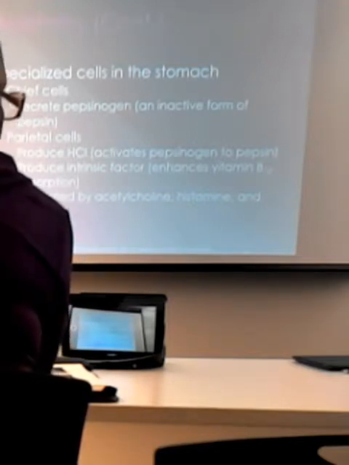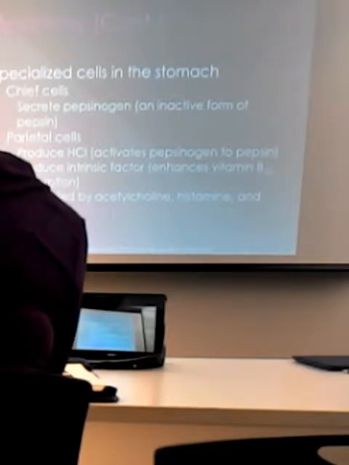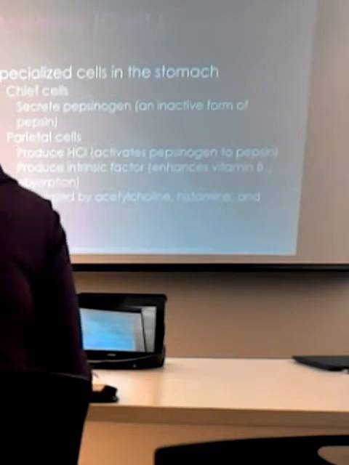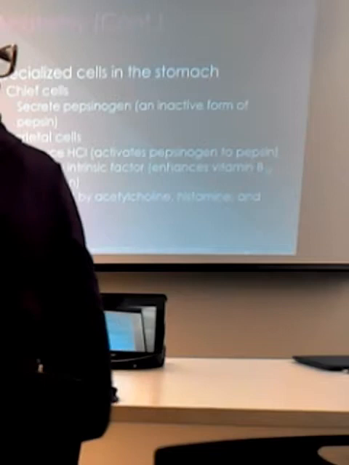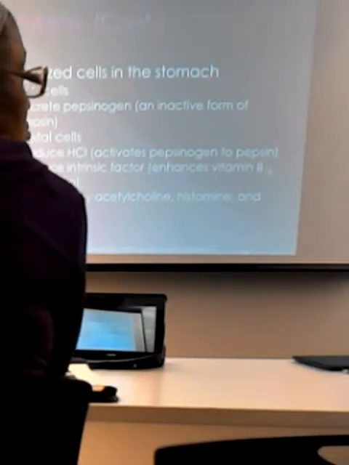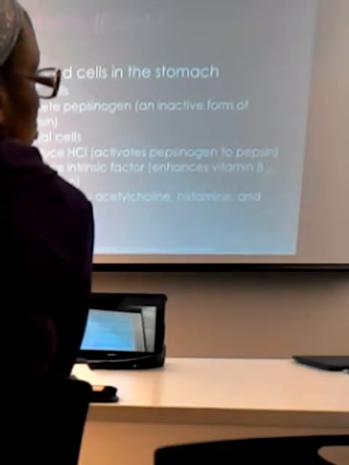Also, notice what stimulates the parietal cells to release hydrochloric acid and intrinsic factor. Acetylcholine, all right, that's not all that exciting. Well, it is. We'll talk about it in a little while. But histamine, yes, it's true. A statistically significant percentage of asthmatics also have acid reflux.